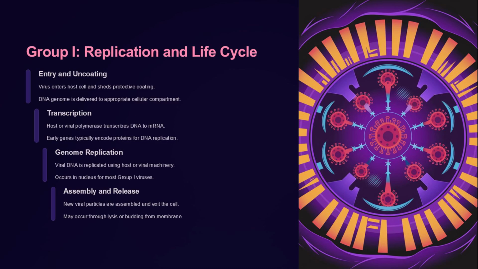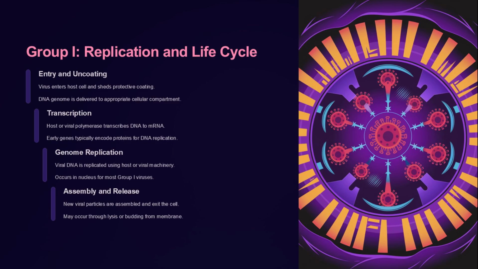The slide outlines the key steps in the replication cycle of Group 1 viruses, which have a double-stranded DNA genome. It starts with the virus entering the host cell and shedding its protective coating, allowing the DNA genome to be delivered to the appropriate cellular compartment. Next, the host or viral polymerase transcribes the DNA into mRNA, with early genes typically encoding proteins for DNA replication.